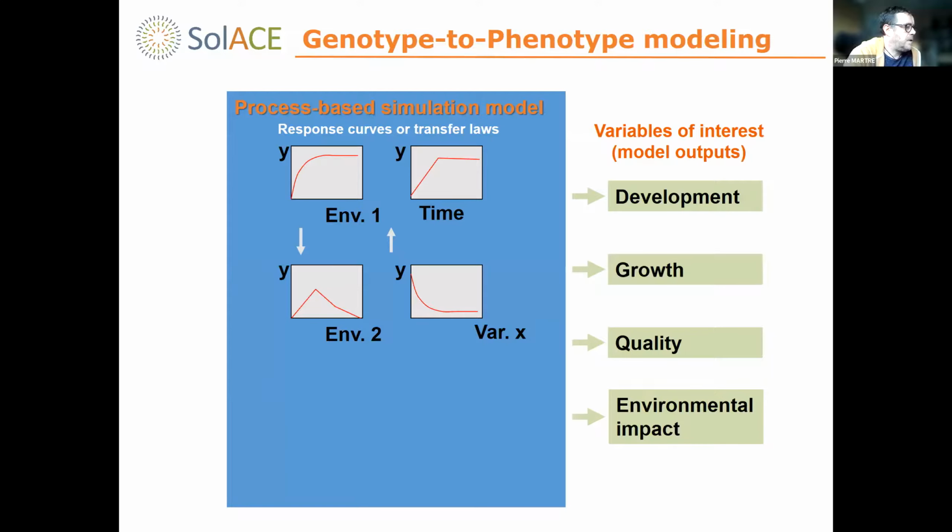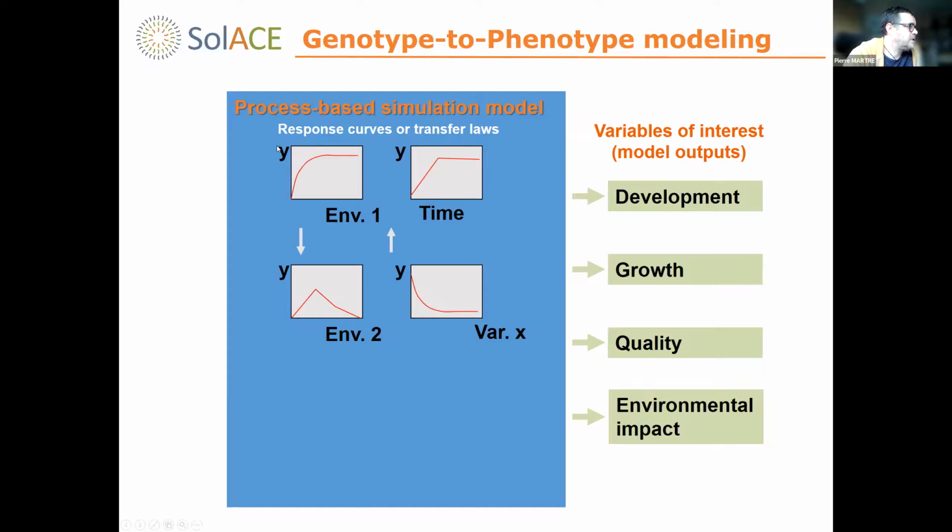So how can we represent the genetic variability in a simulation model? Well, a simulation model, crop model, or architectural model is no more than a series of response curves or transfer functions of physical or mechanistic processes that relate one variable with another, and that can be a function of time or a function of the environment.